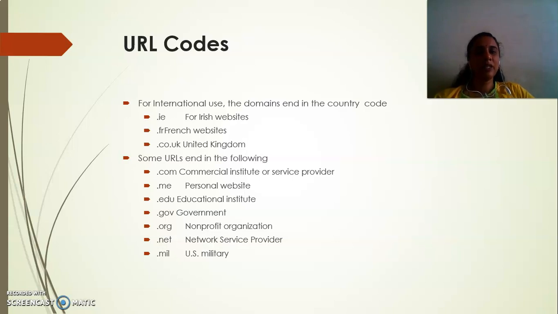Other URLs which end with .com are all commercial websites, .me is a personal website, .edu is an educational website, .gov stands for government websites, .org is for non-profit organizations, NGOs, .net is for network service providers, and .mil is for military applications.